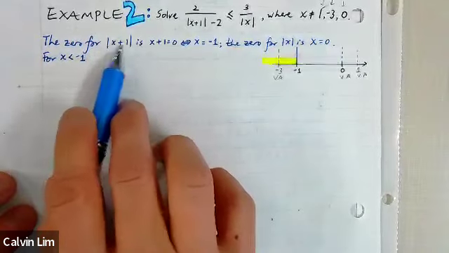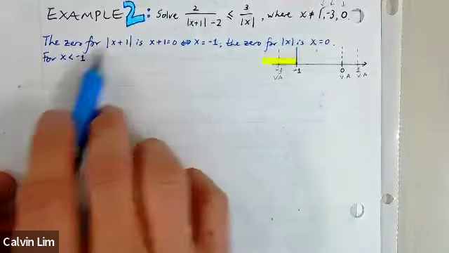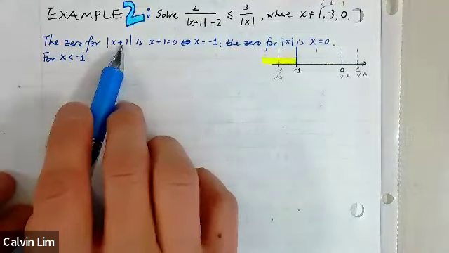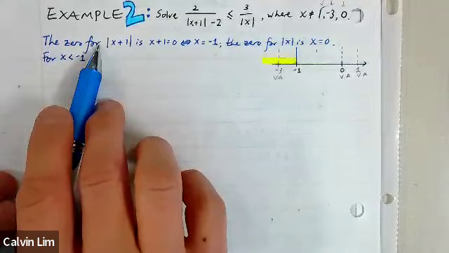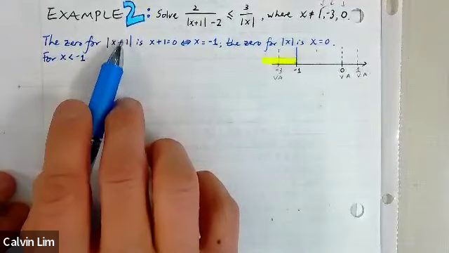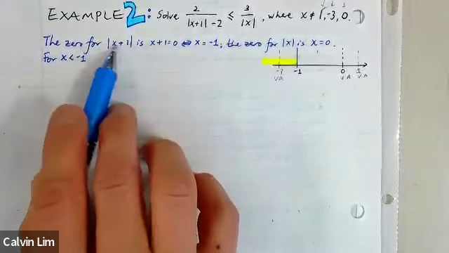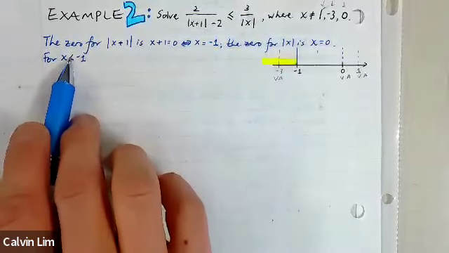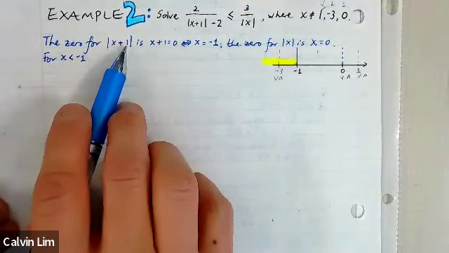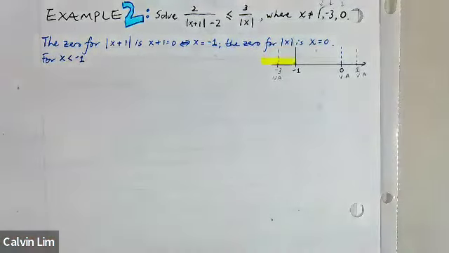So negative 1 is a boundary by virtue of x plus 1, right? So when x is less than negative 1, this is negative, right? So for x values that make the absolute value entity negative, we don't include it. Only when it's 0 or greater than 0, right? When x is -1, this is 0. When x is greater than -1, this is positive. So we group them together.